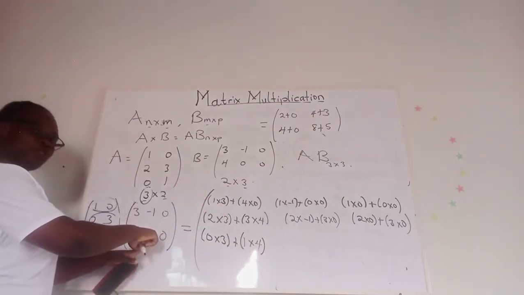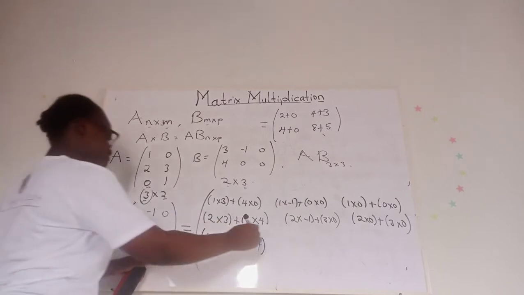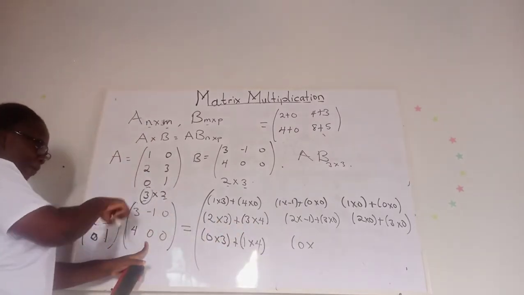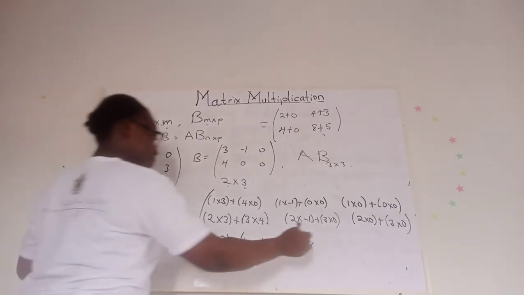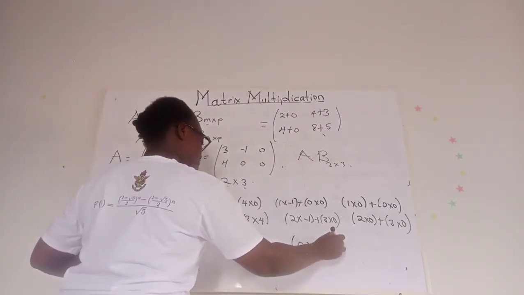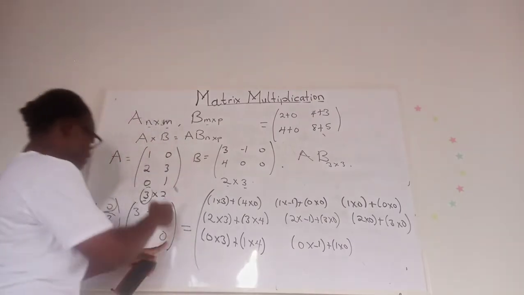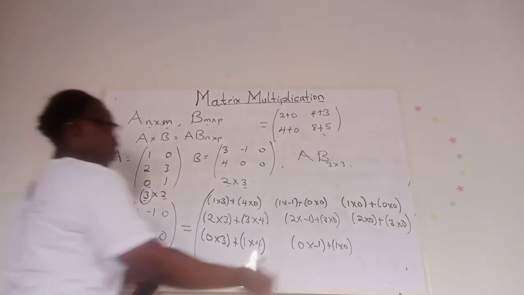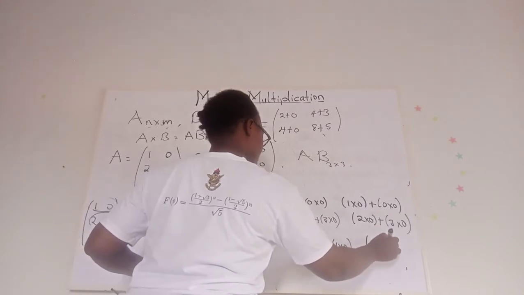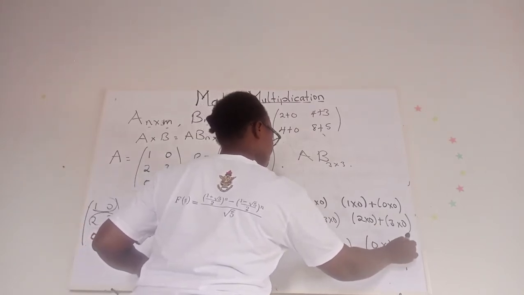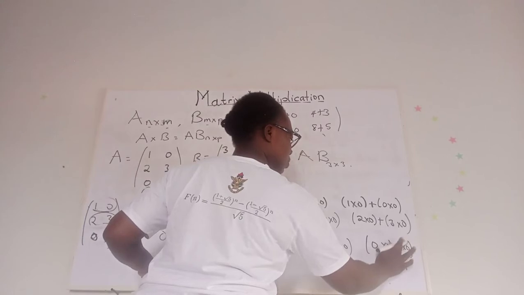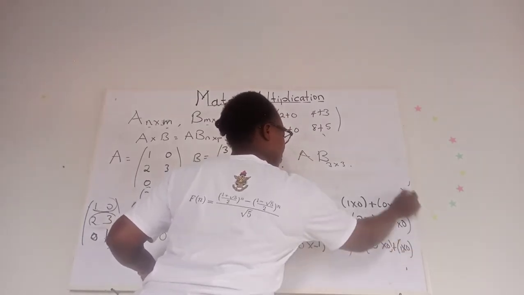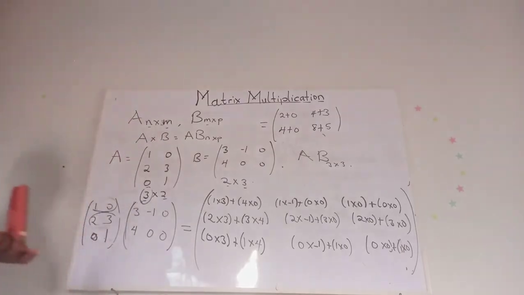Then I come to the second column: 0 times minus 1 plus 1 times 0. Then the third one: 0 times 0 plus 1 times 0.